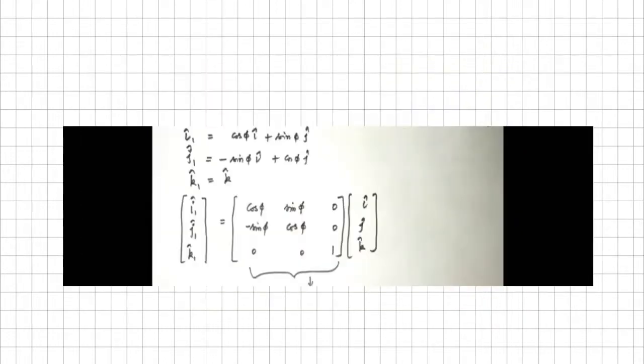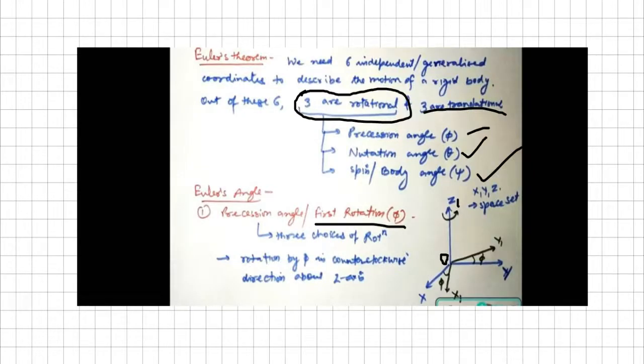After transformation the new set of coordinates are x1, y1, and z1. Now x1 and y1 are changed but z1 is equal to z. It has remained at its own position.